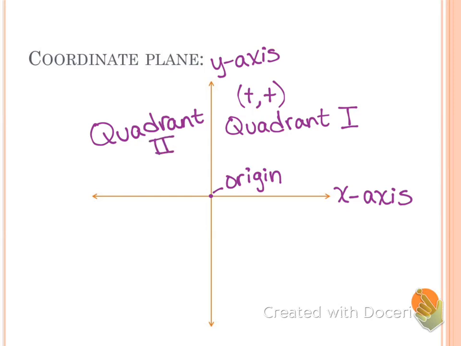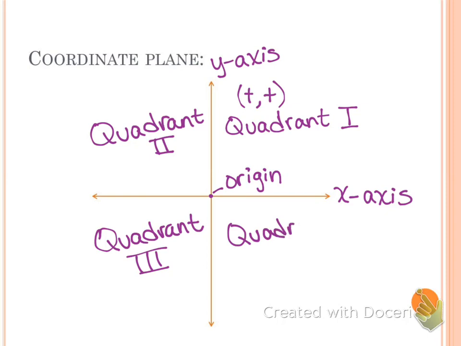So that's quadrant 2. Quadrant 3 is then below it. And then finally quadrant 4 is below quadrant 1. Remember, to make a 4 in Roman numerals, it's IV.